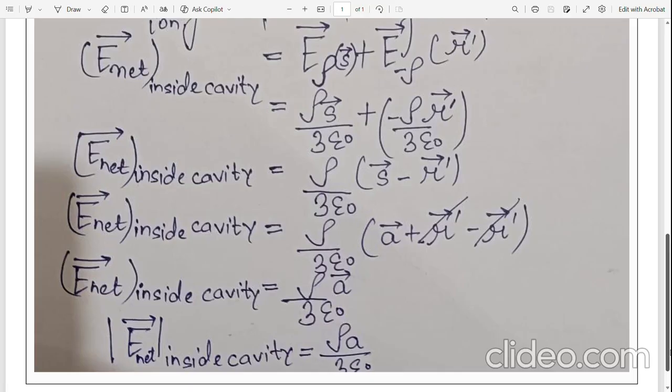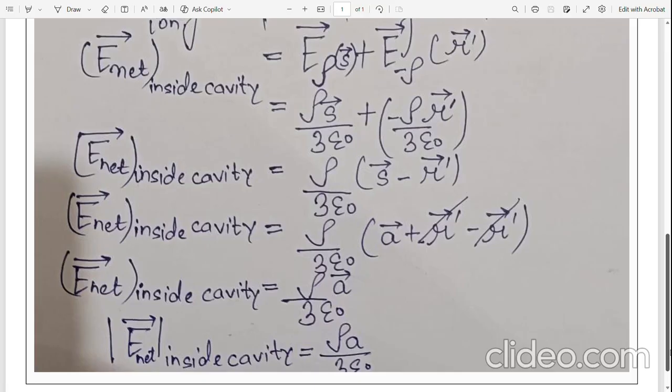From this question, we can get a very good conclusion: if we are about to find the electric field at any point inside a cavity, then the field does not depend upon the size of the cavity. It depends on only one factor, and that factor is the distance between the respective centers of both the spheres.